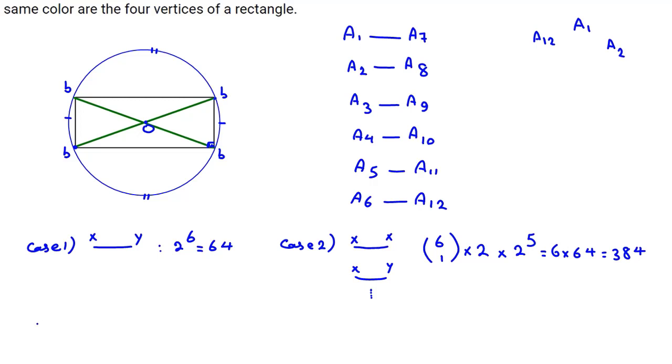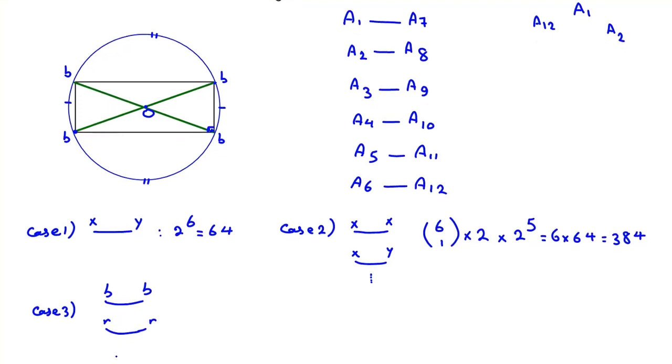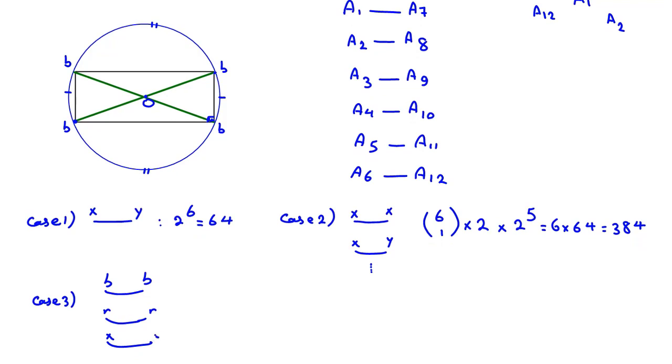Last case, case number 3. If you have two diameters that have the same color, and one is XX, the next one should be YY. Or let me say, you should have one BB and one RR, because we can't have two of BB; again, we have this bad thing. And the other diameters are XY.